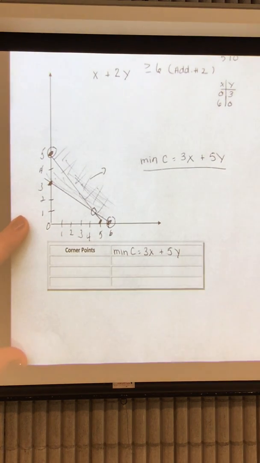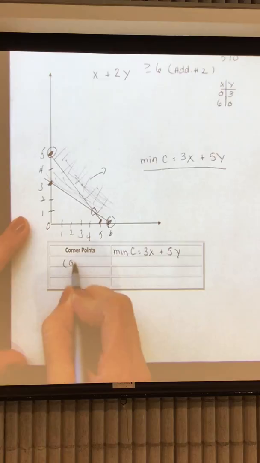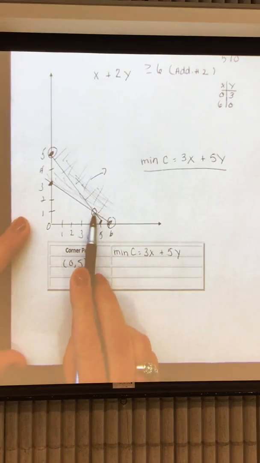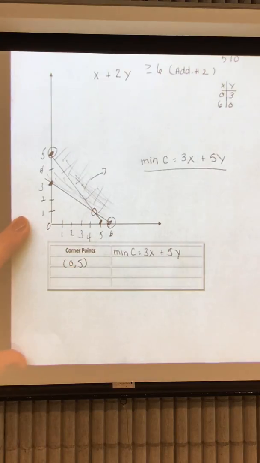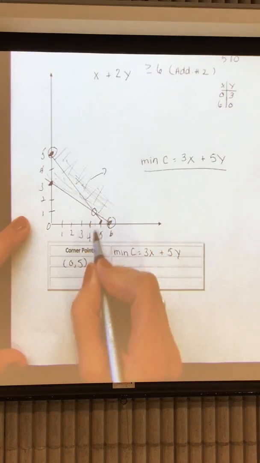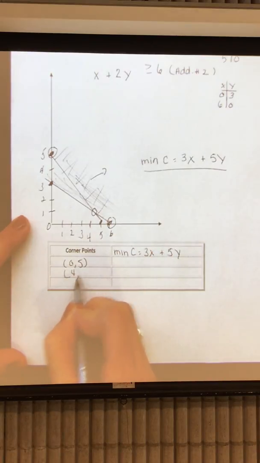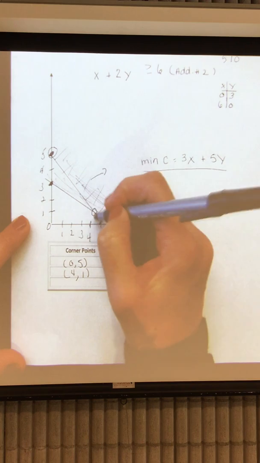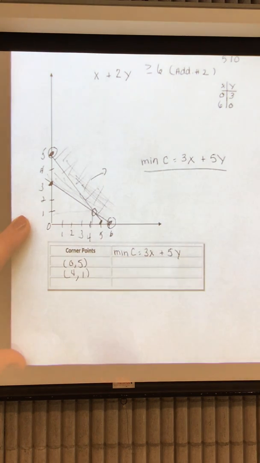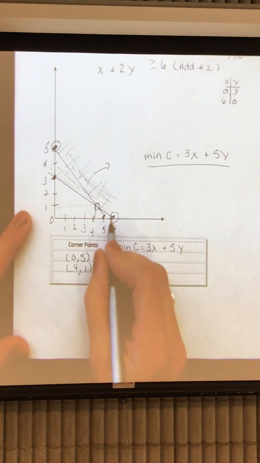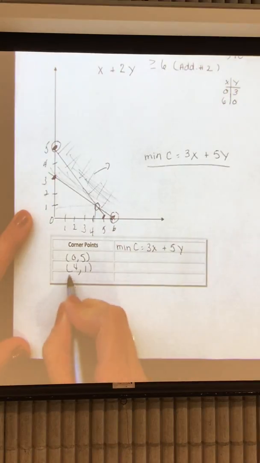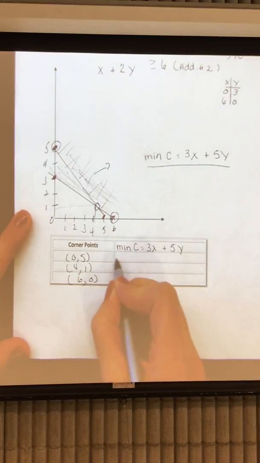So our corners here, we know this corner is 0, 5. This point of intersection is solved by either elimination or substitution, or by looking at the graph. And we can see that it intersects at approximately 4, 1. And the last corner is 6, 0.